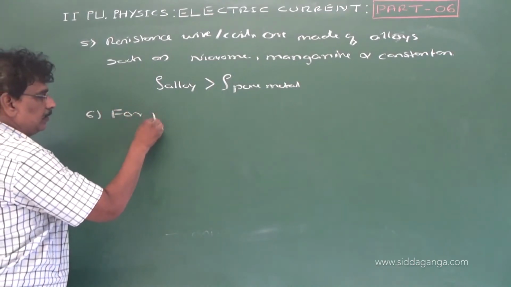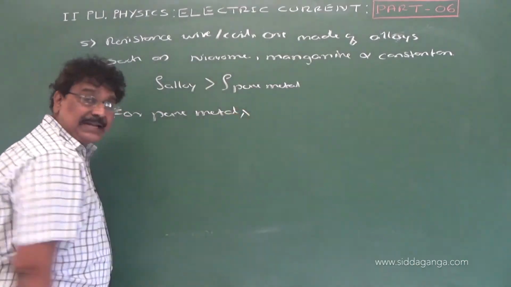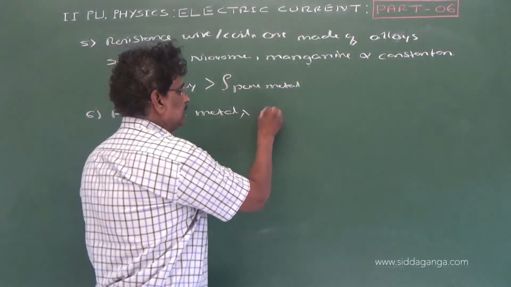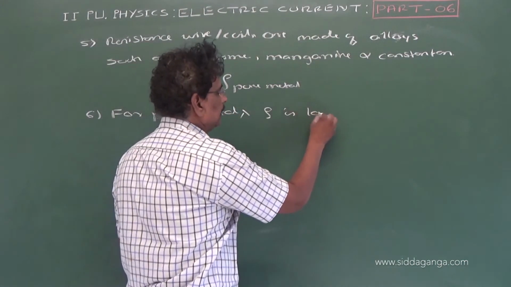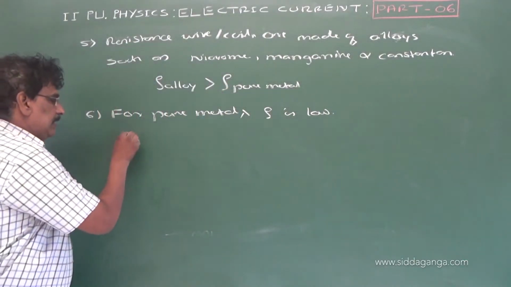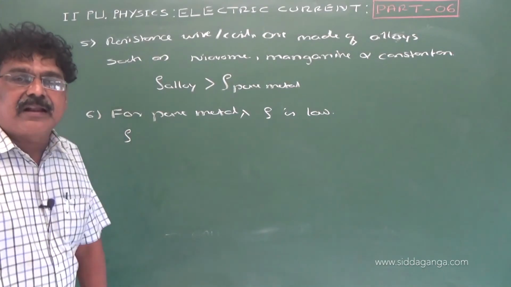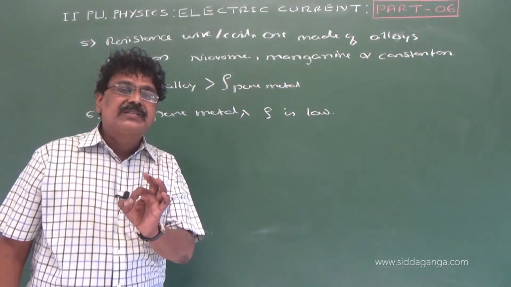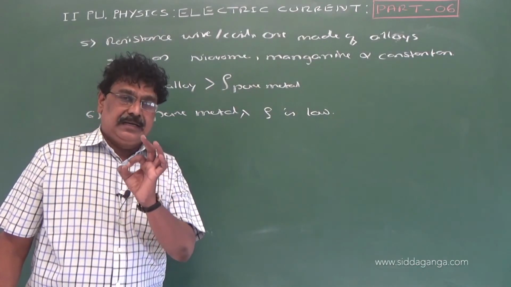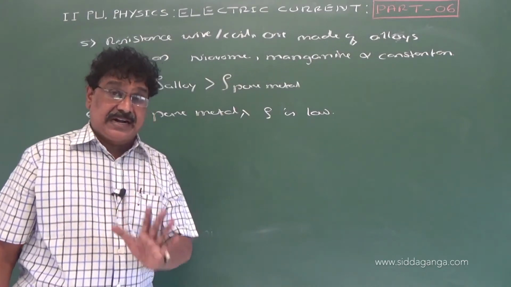resistivity is low. Generally among the metals, silver has the lowest resistivity, and it is always the best conductor.